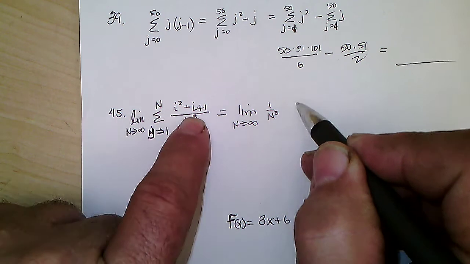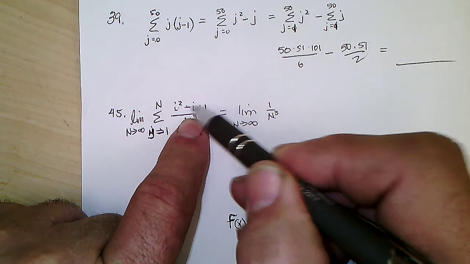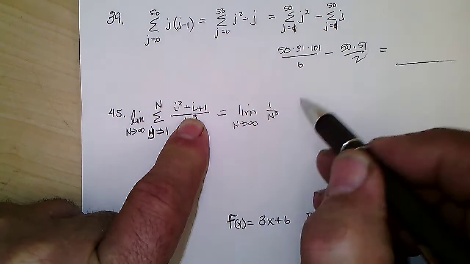And then I'd have the sum of three things either subtracted or added, so I can split that up.